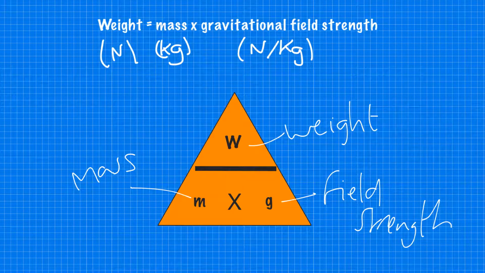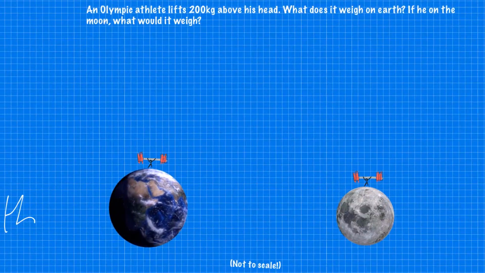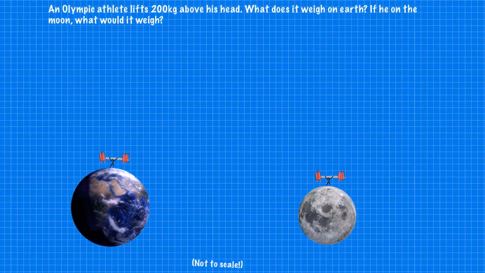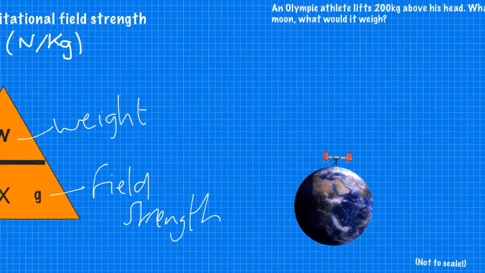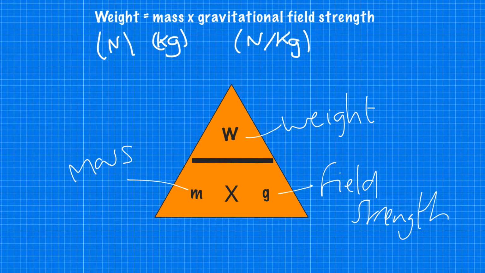So we're going to try an example question. So we're going to look at a weightlifter. An Olympic athlete lifts 200 kilograms above his head. We're going to calculate what it weighs on Earth, and we're going to calculate what it would weigh on the Moon. The formula for the calculation is going to be the same on both occasions. Remember, cover up the one that you don't want.